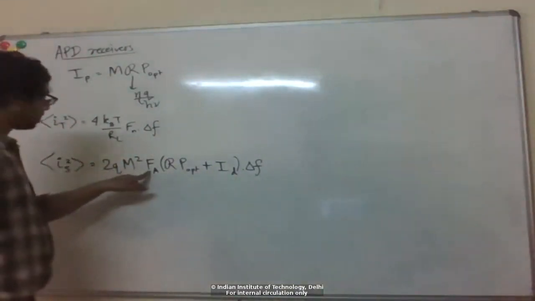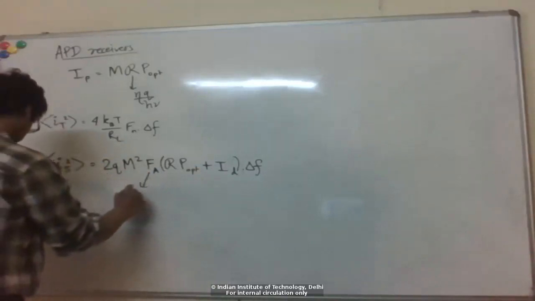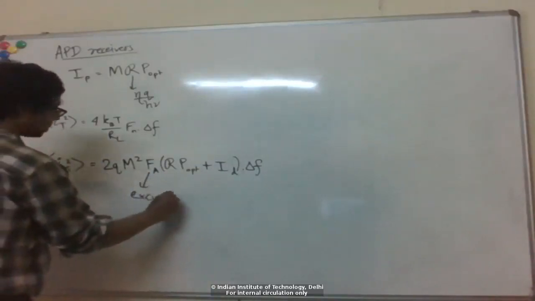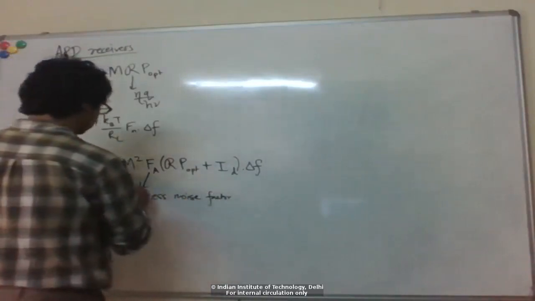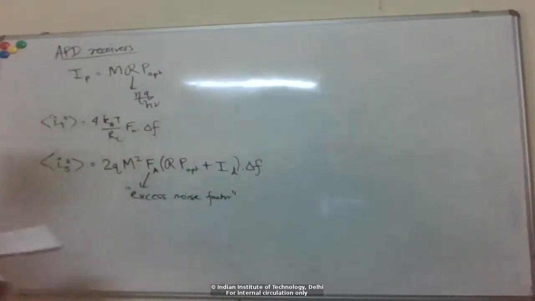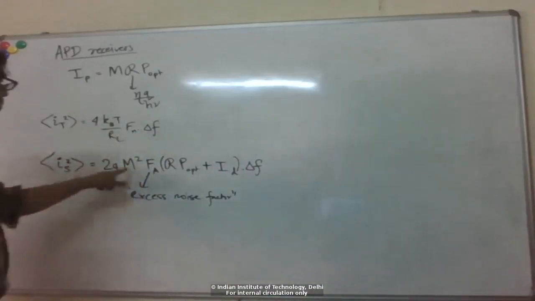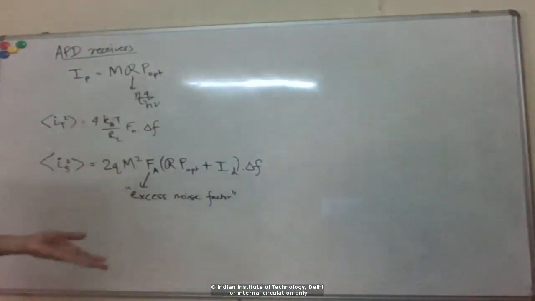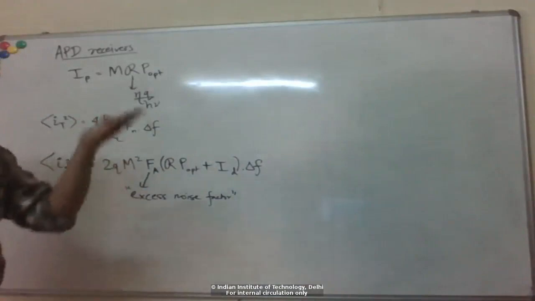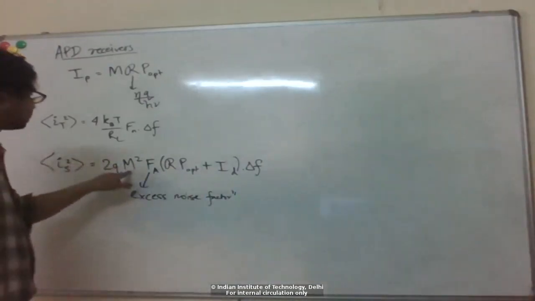And not only that, there's an extra factor here, F_A, which is known as the excess noise factor for an APD. Just from this avalanche multiplication gain, you would expect the shot noise to go up by a factor of m square, because the current is getting enhanced by a factor of m. So the shot noise current fluctuation will also get enhanced by m, so i square will get enhanced by m square. That's what you would expect just from the gain.